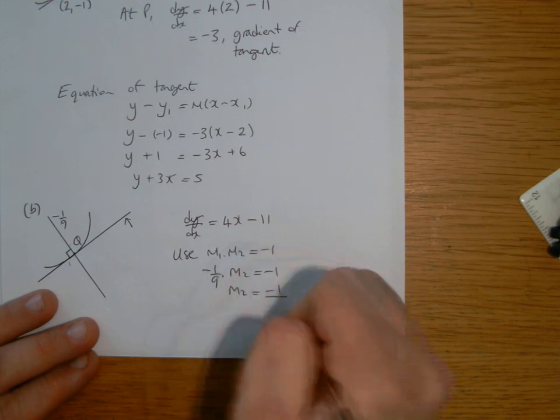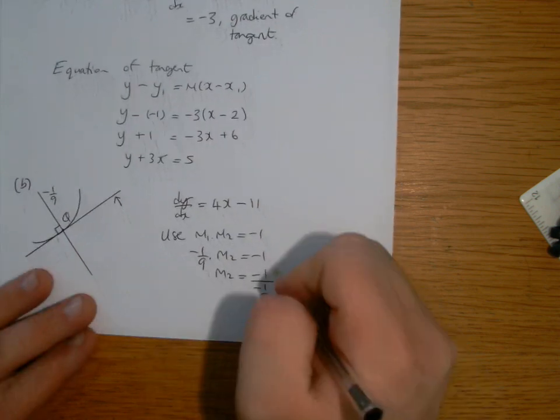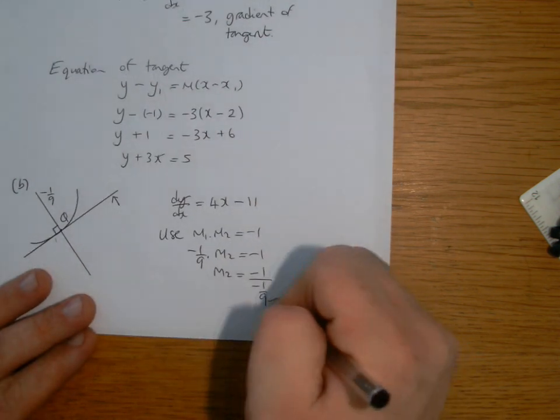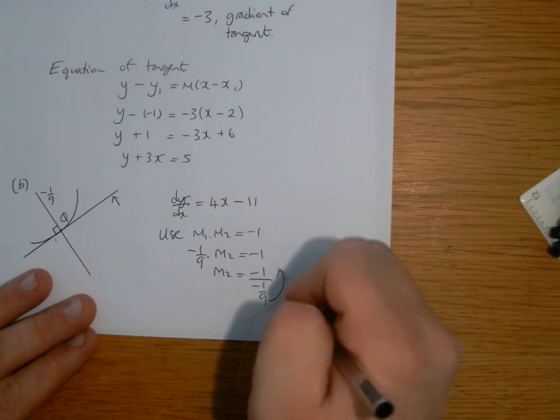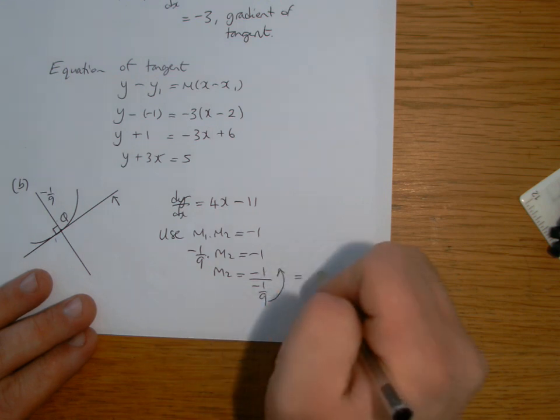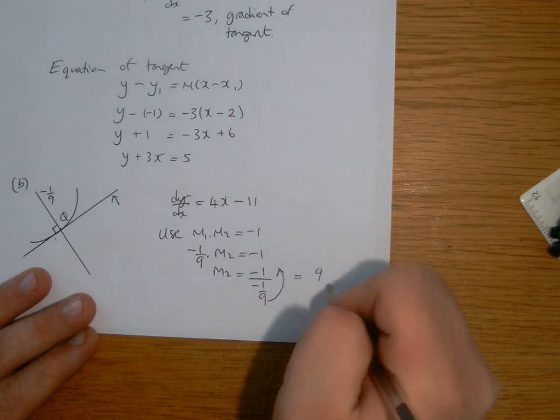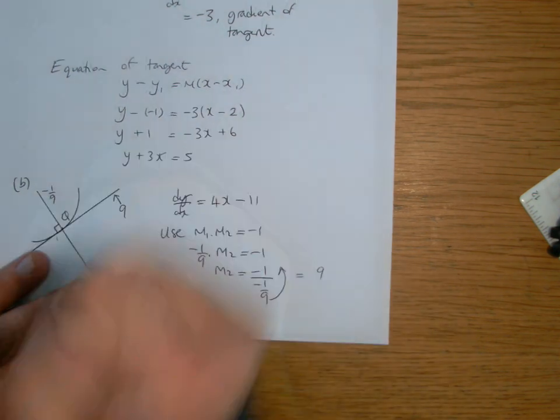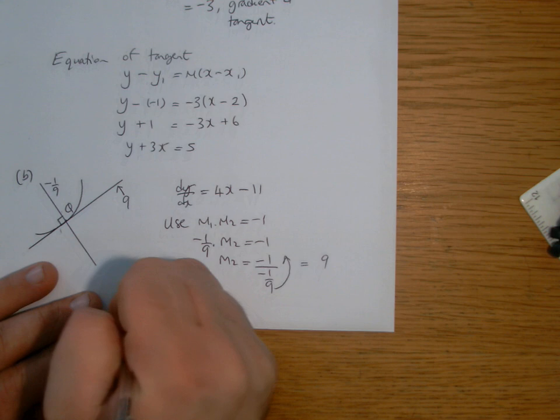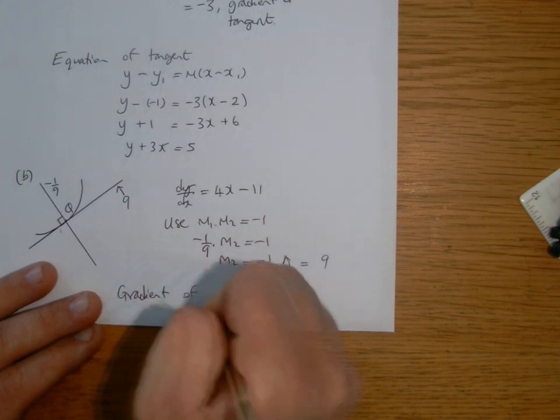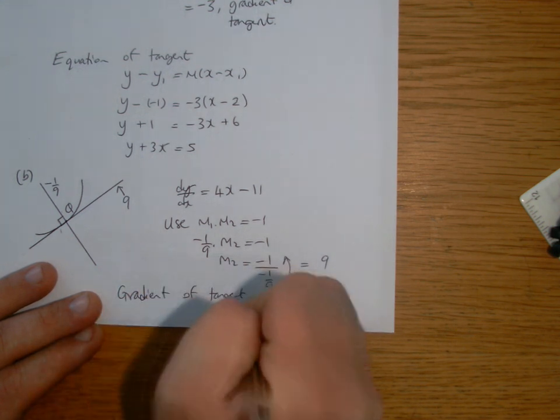So we'll take the minus 1/9 over. If we divide that, the bottom number of the fraction comes up to the top. 2 minuses make a plus, so we've got 9. So the gradient of the tangent is equal to 9.